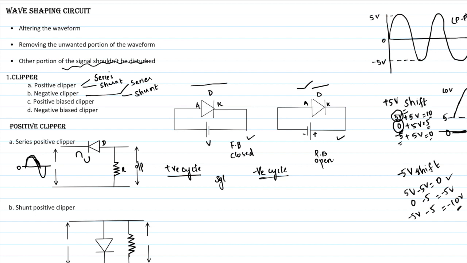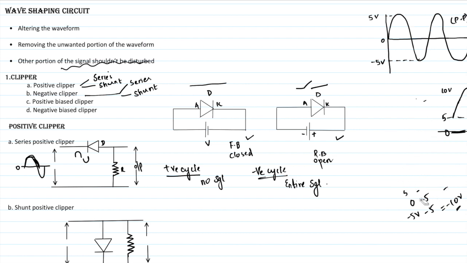So you will get the entire output as such. For positive half cycle, no signal. For negative half cycle, you will get the entire signal. So how will your output look? Your output will look like this. No positive signal, just the negative signals.